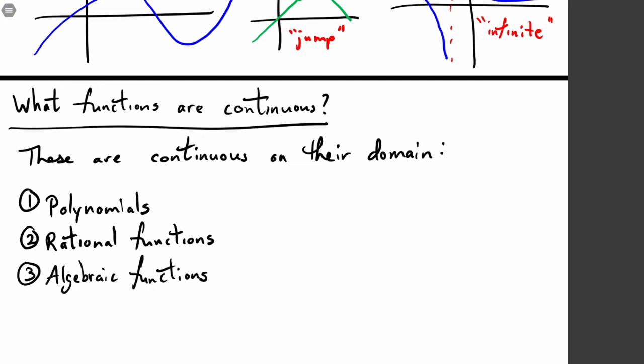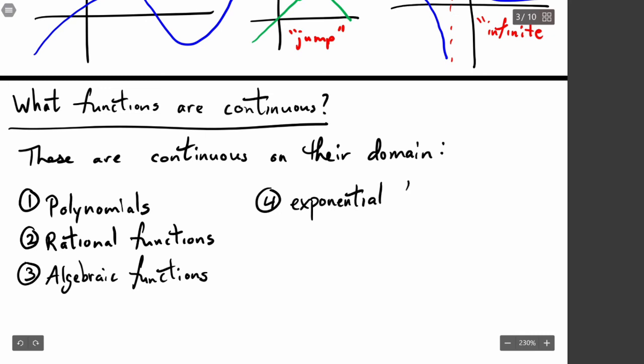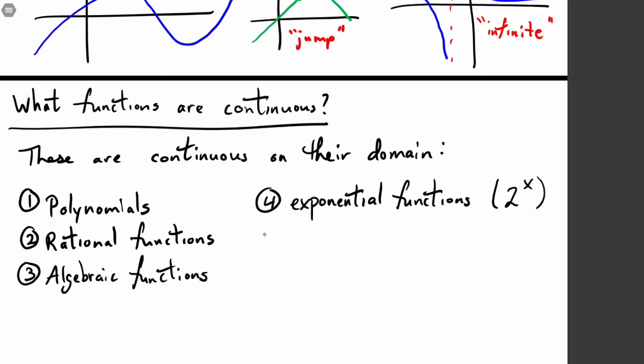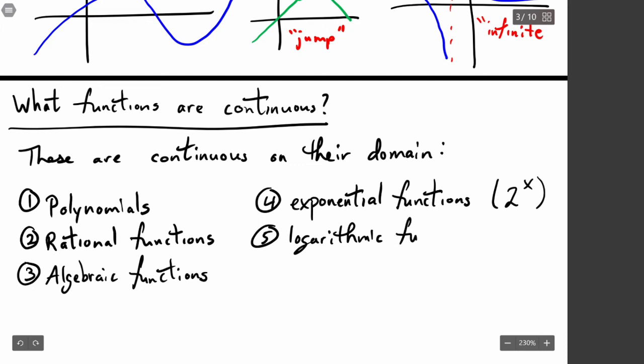What else? Well, we also have exponential functions. We'll talk some more about those later, but this is stuff like 2 to the x, for example. 5, logarithms. Logarithmic functions are continuous.